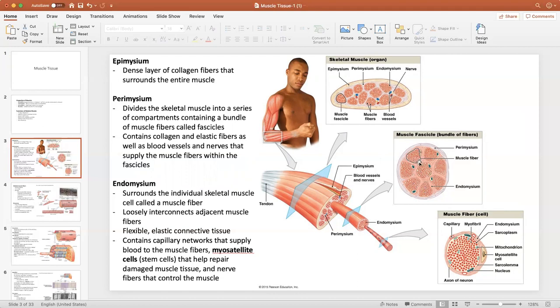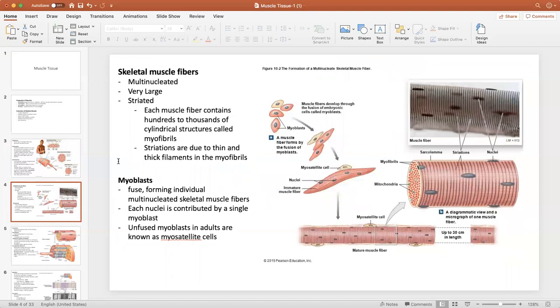And then within each muscle fiber, we have even smaller myofibrils, which we will look at a little bit. The way skeletal muscle is formed is very long fibers, so these are really long cells. In order to be efficient, we have multiple nuclei.